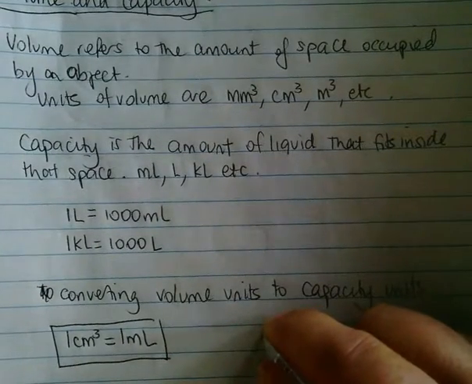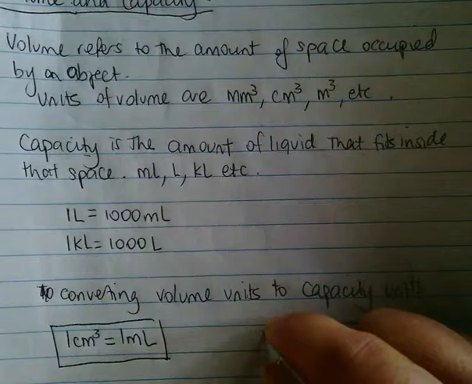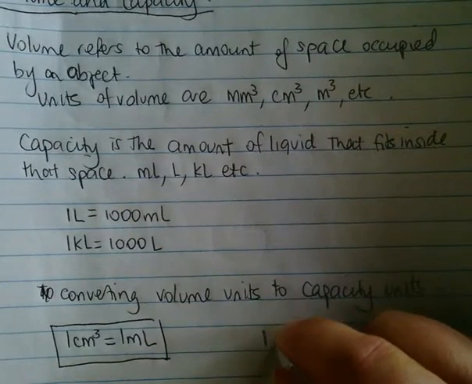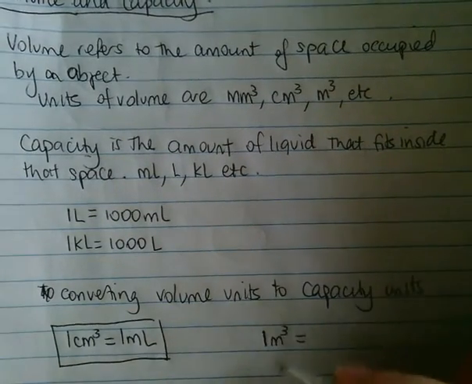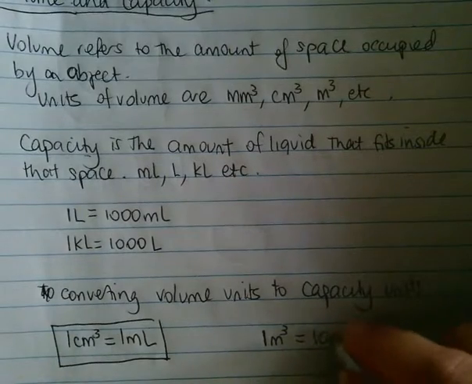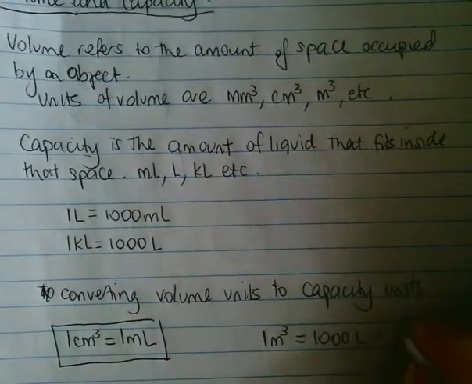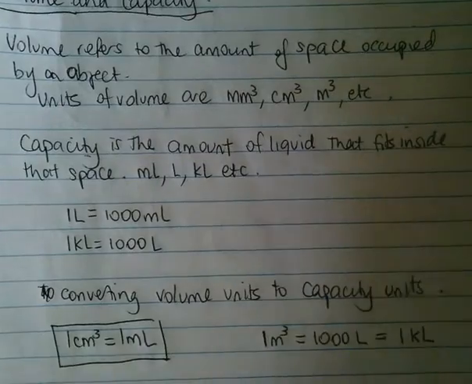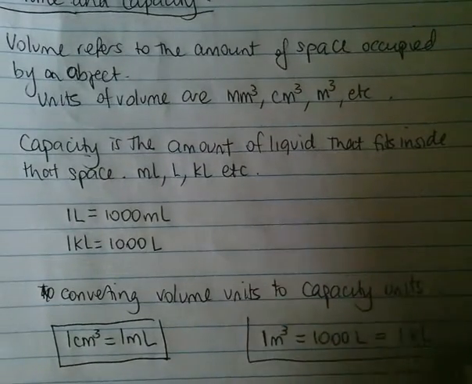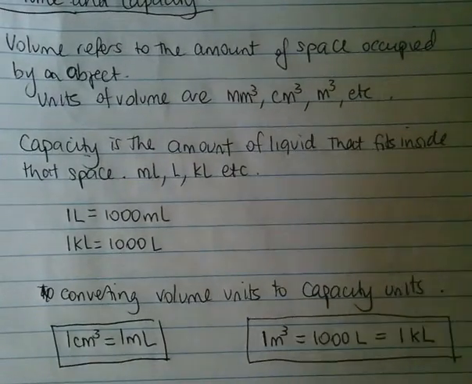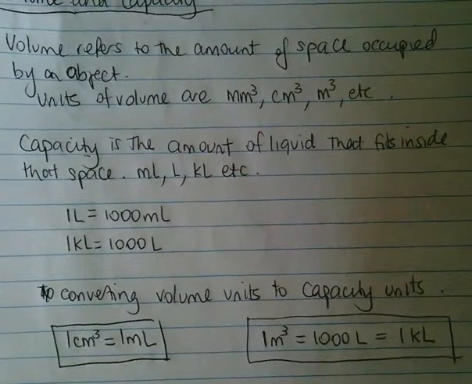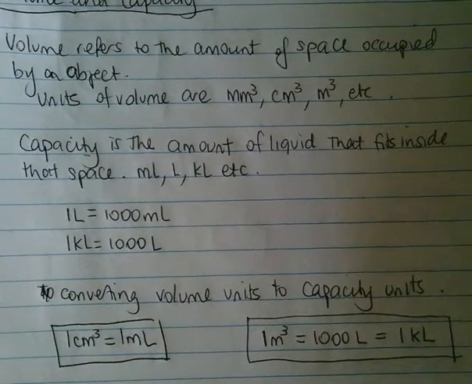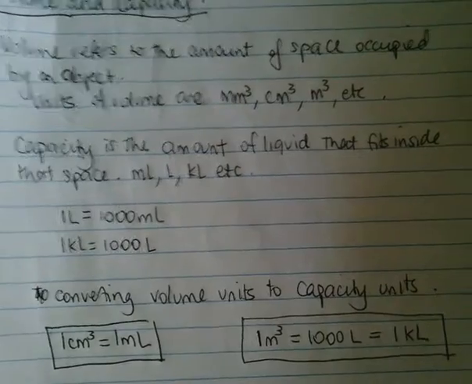The other conversion is the following, that 1 metre cubed is 1,000 litres or 1 kilolitre. That is our second conversion. Now, just think what 1 metre cubed is. It's a metre times a metre times a metre. 1 metre cubed is quite big.